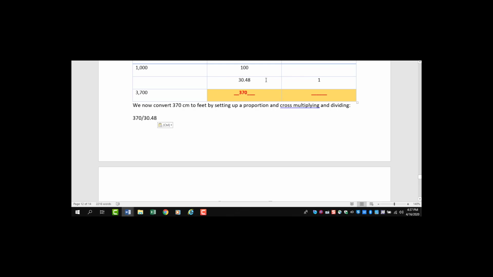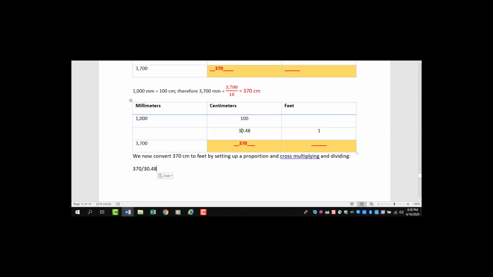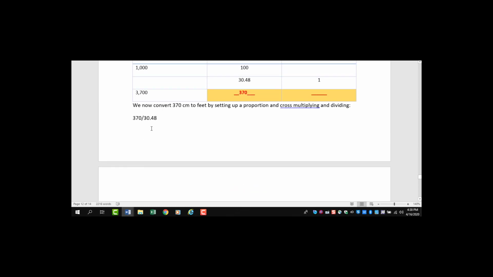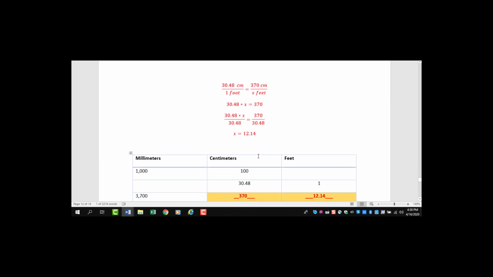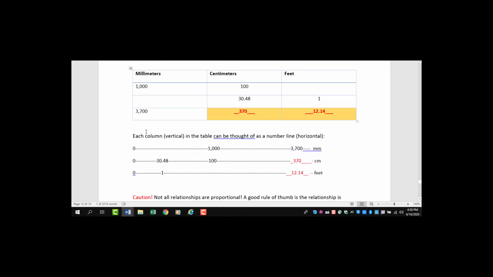If you don't understand this though, just go ahead and use a proportion, just like that. 30.48 is to 1 as 370 is to x. Cross multiply and divide. Ultimately, you wind up with exactly what I did here, and that's 12.14.